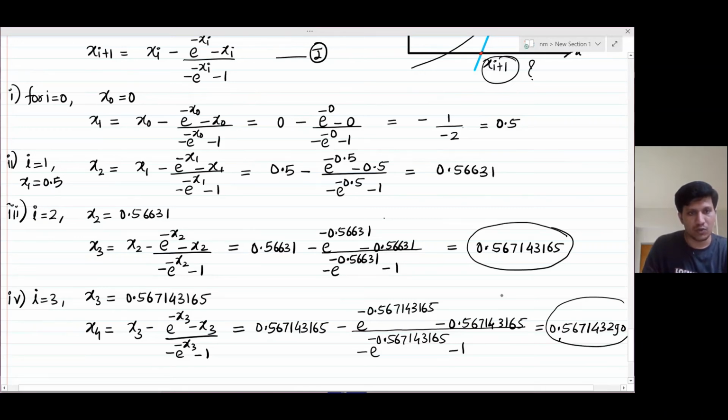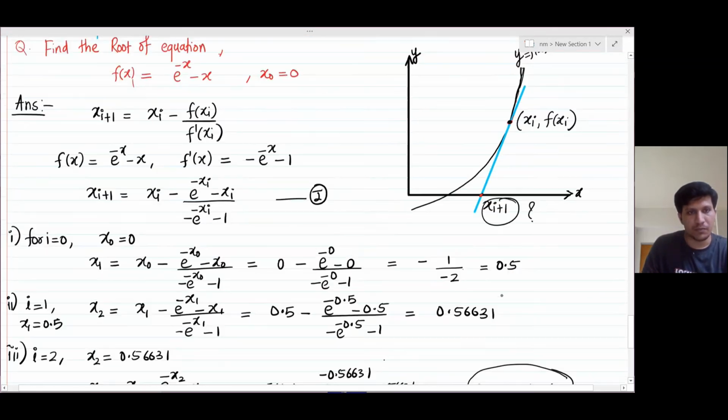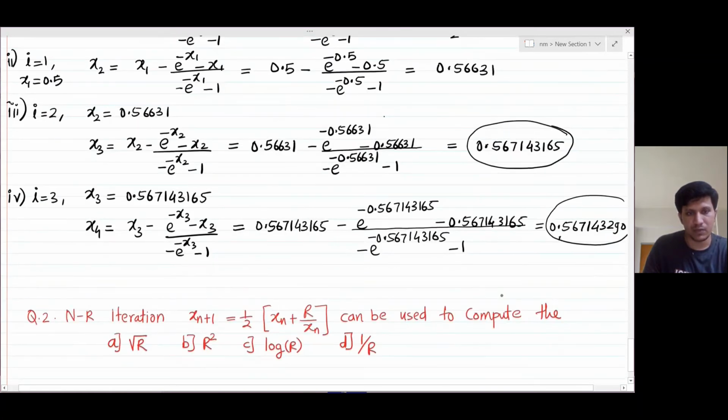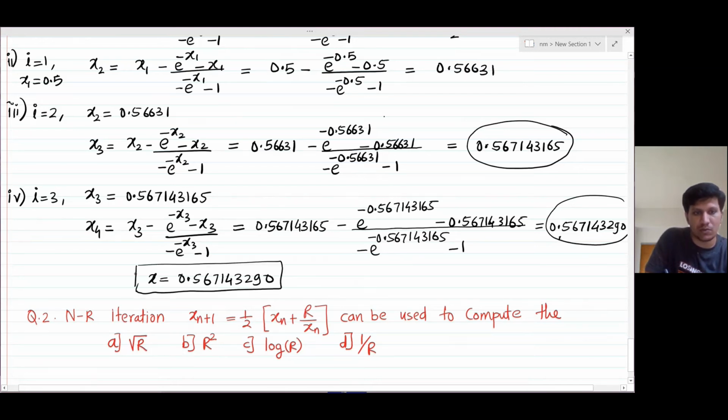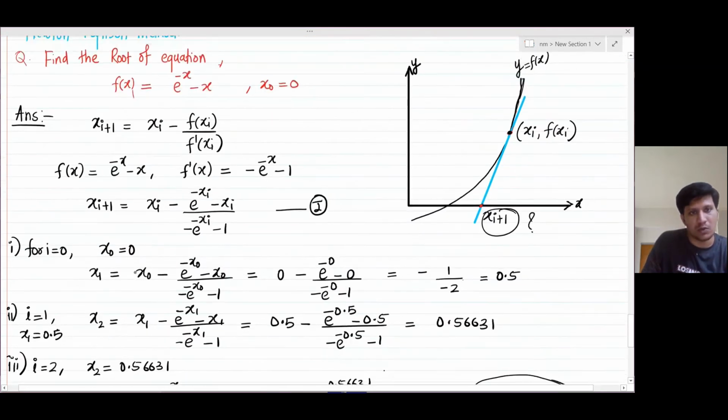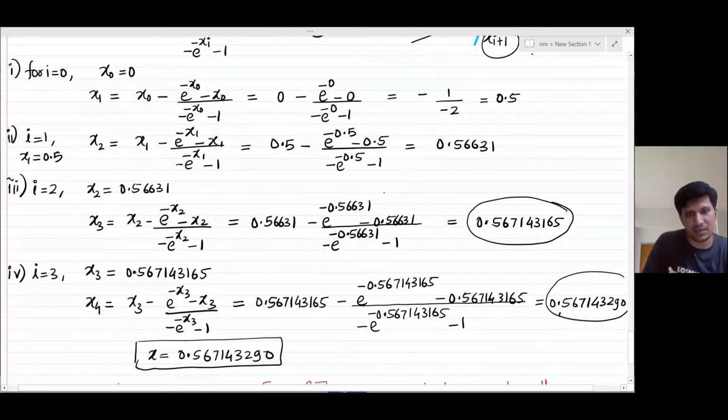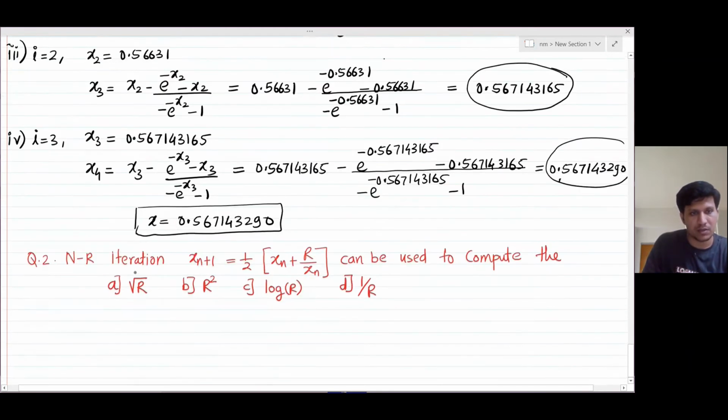So the value of the root in the above question is 0.56743290. This is the root of the above equation. The Newton-Raphson method gives only one root of the equation. If it has multiple roots, it only gives one root. This point we have to remember.